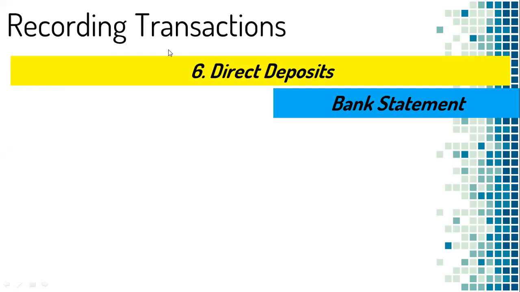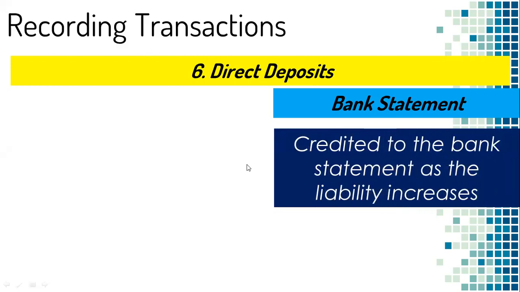Now the bank statement is credited. Very good. That is perfect. To the bank statement, the direct deposits are credited. Why? It's a deposit. The liability of the business goes up, increases. Therefore, the direct deposits are credited to the bank statement.